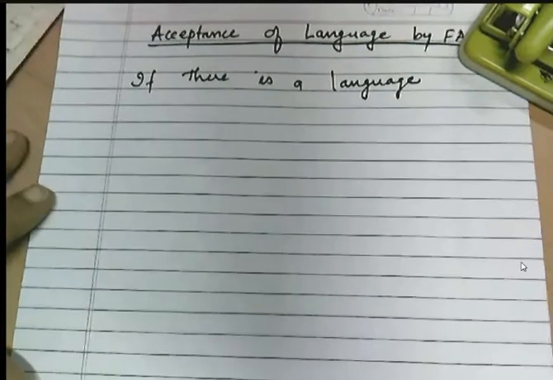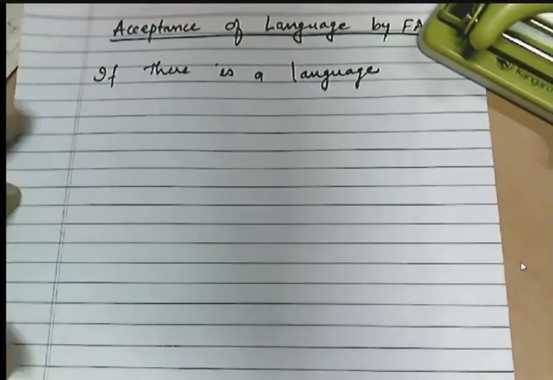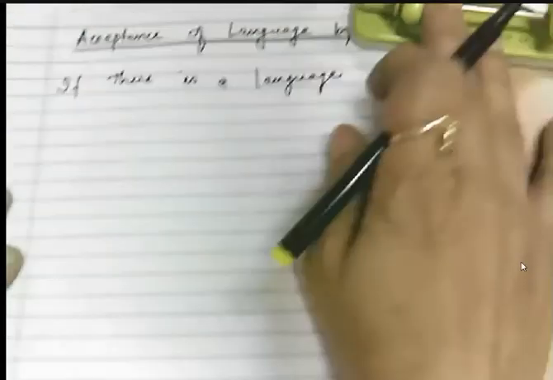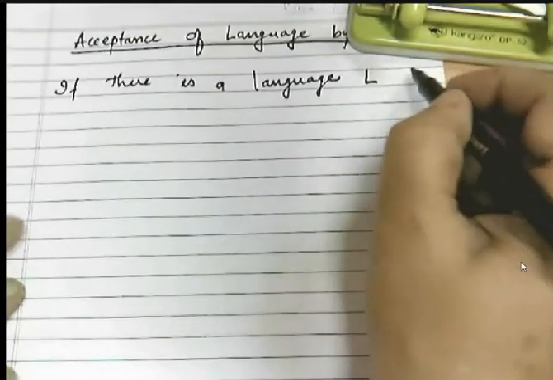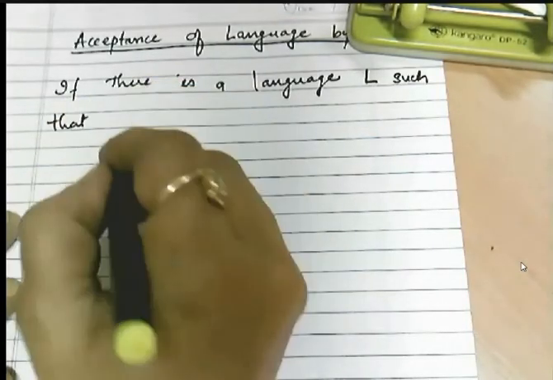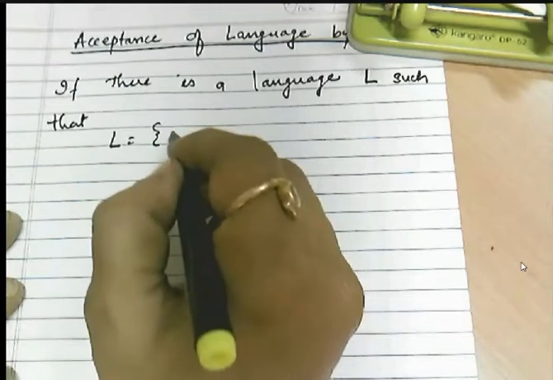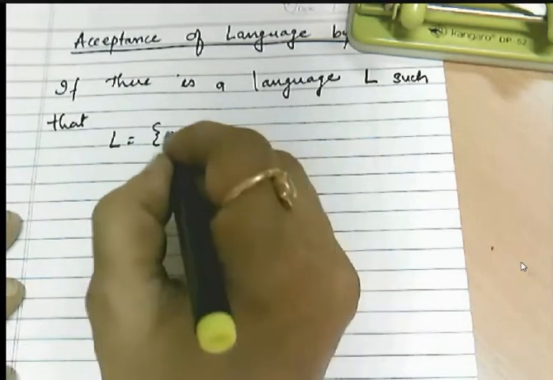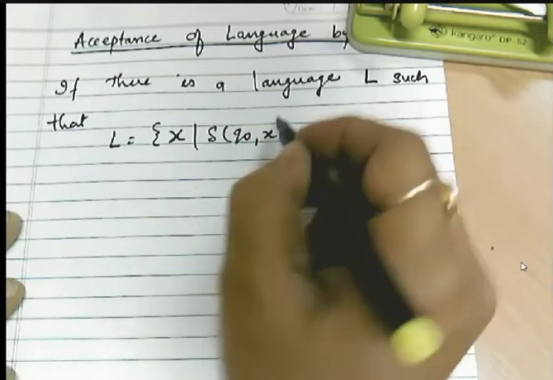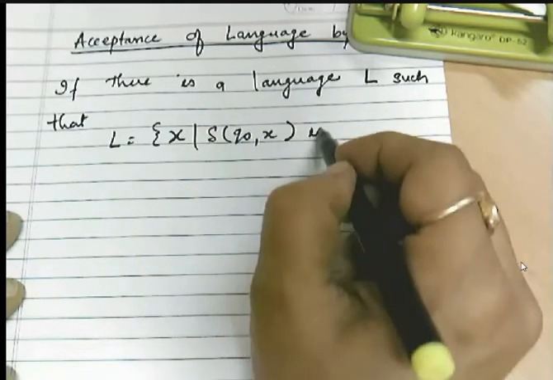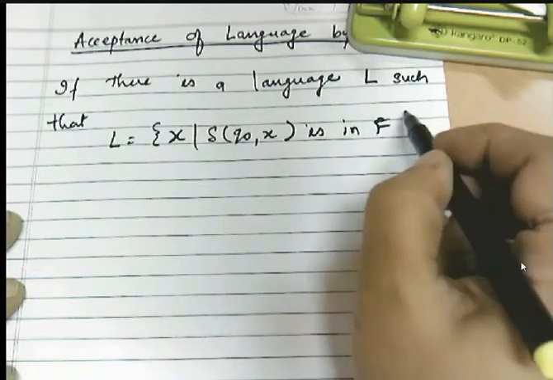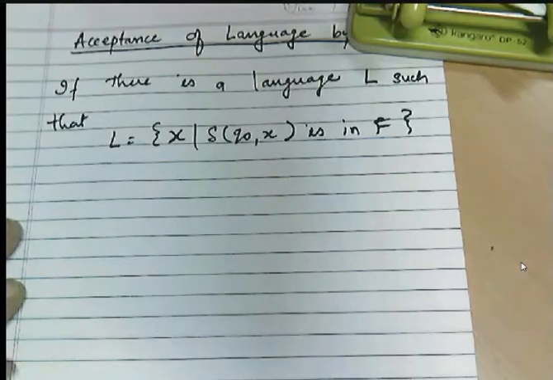If there is a language L such that L is equal to the set of X where delta(Q0, X) is in F, what does this mean?